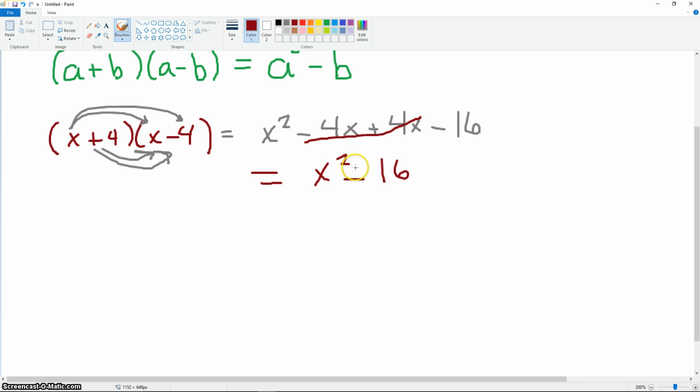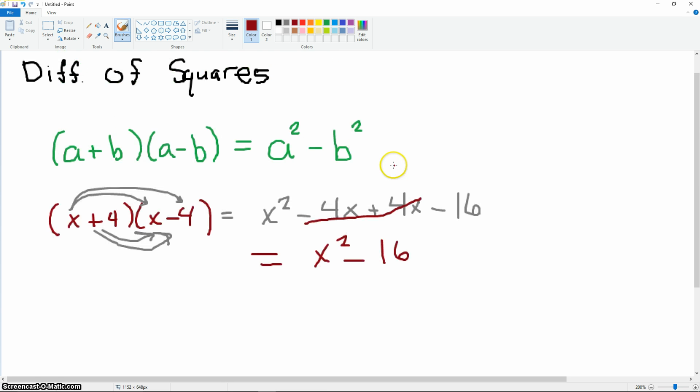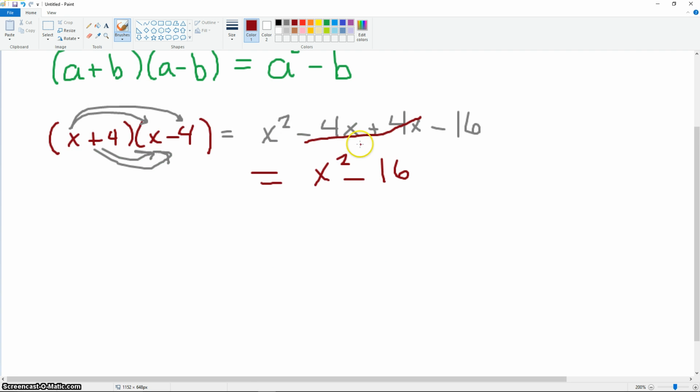So in other words, with the difference of squares, your middle terms will always cancel out. What I like to tell my students is that in reality, here is the shortcut. Let's do another one. x minus 5 times x plus 5.